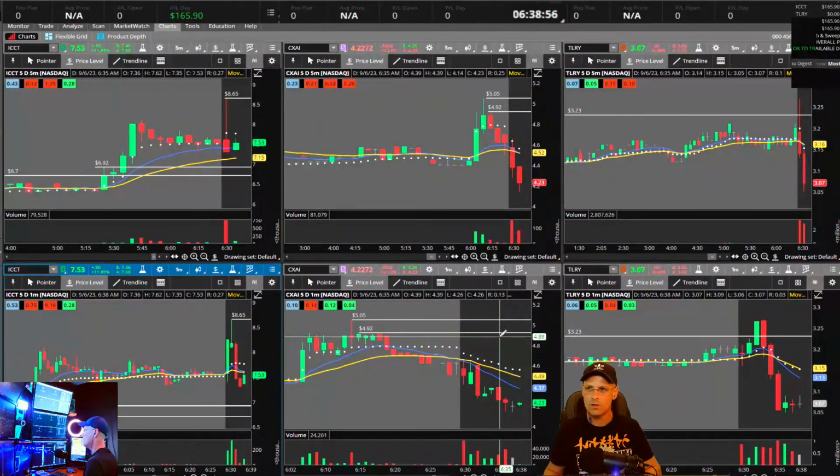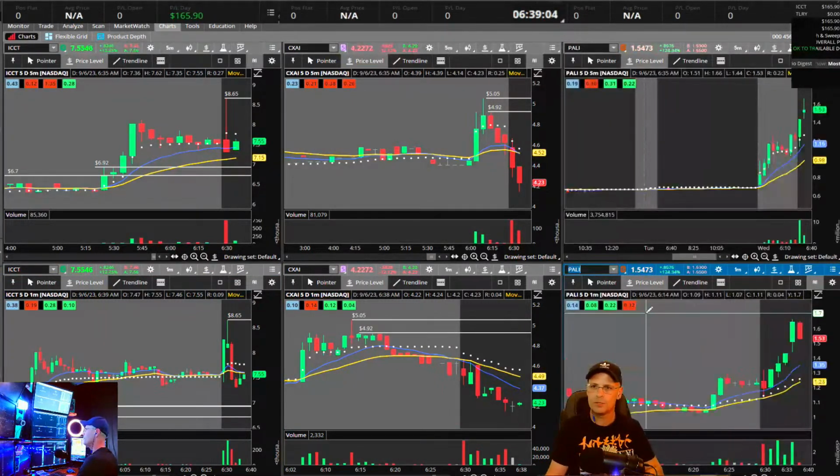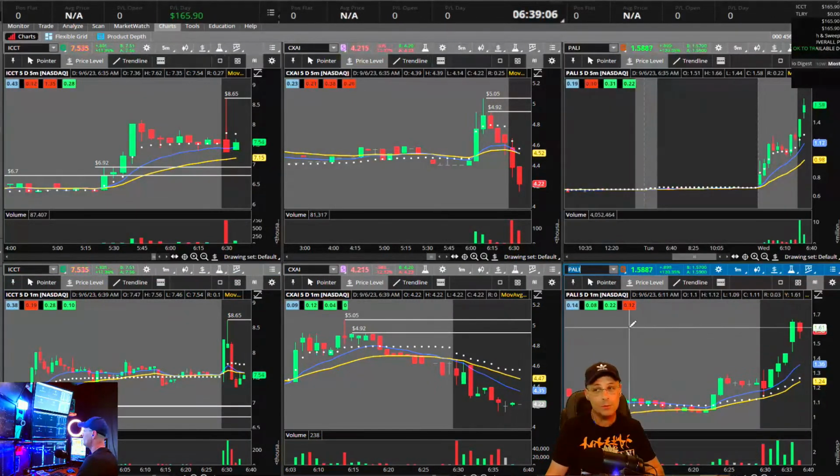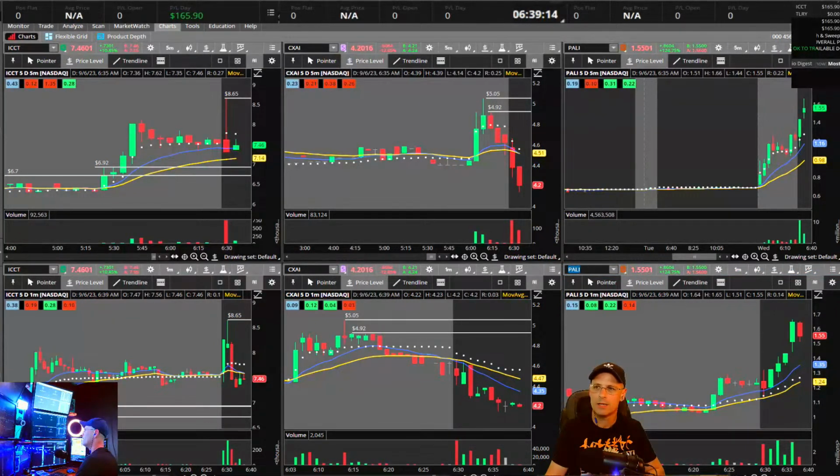PALI. I think that's one of the ones I passed up because I didn't like the price, but it's moving up. We'll take a look at it. Cheaper stock. 22-cent candle range on a $1 stock. That's pretty impressive. Don't often see that kind of range on such a cheap stock.